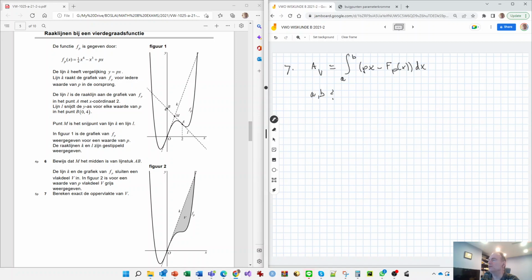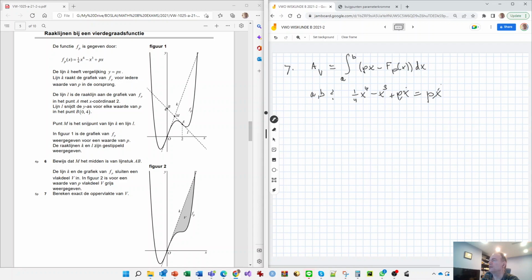Well, we need to intersect, so we want to set this function equal to the expression of the line, which is also px, which is nice since they drop out. So actually a and b don't depend on p. It is interesting.